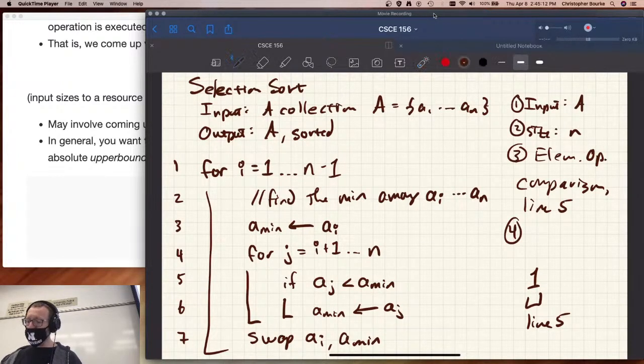How many times is that for loop executed? Again, don't worry about that. Set up a summation. It's going to run from j, running from i plus 1 up to n. So just put that into a summation.